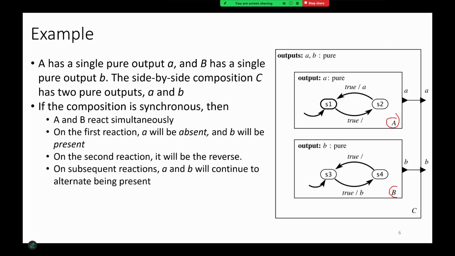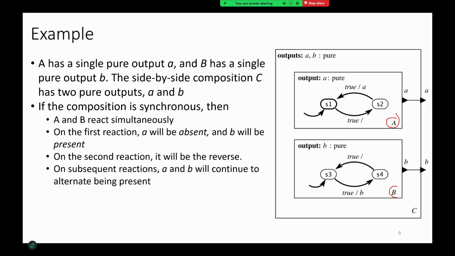Then at the second time step, we go from S2 to S1 and output A, and from S4 to S3 and output nothing. So components A and B are happening simultaneously. Do you agree? Because they are synchronous. What about the outputs A and B? Are they available in a synchronous fashion?